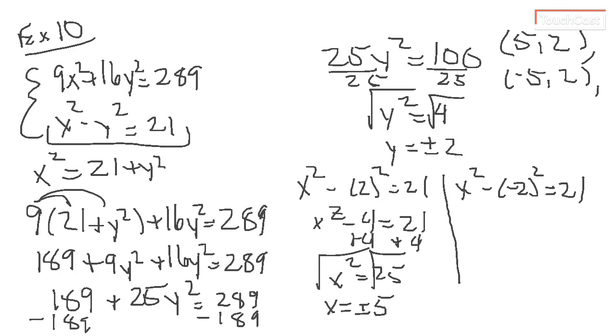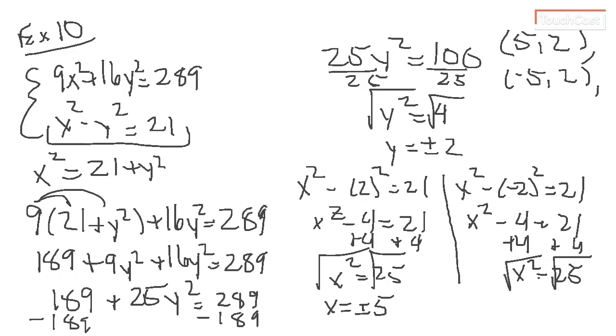Now, negative 2 squared, that is 4. x squared minus 4 equals 21. I'm going to add 4. So x squared equals 25. If we take the square root, we're going to get x equals, again, plus or minus 5.